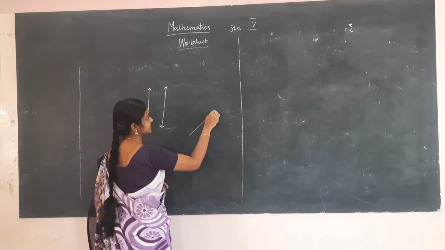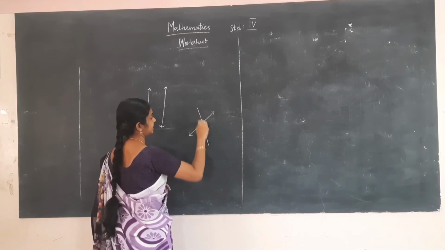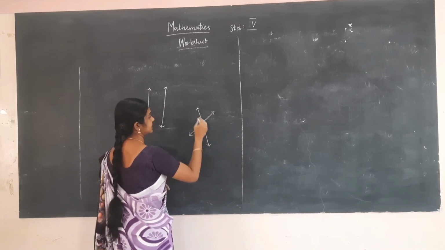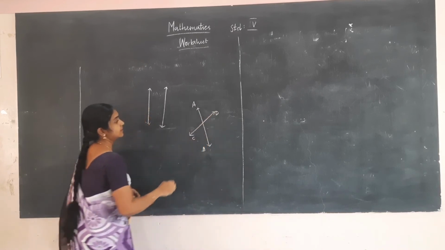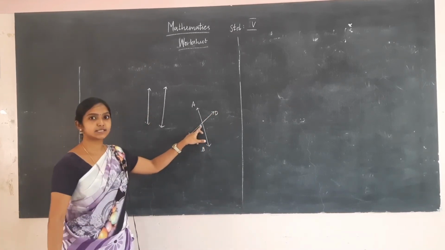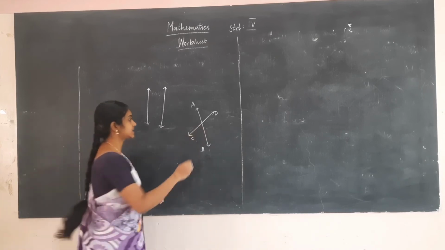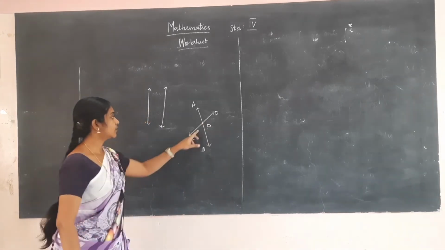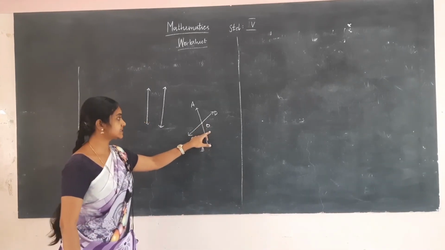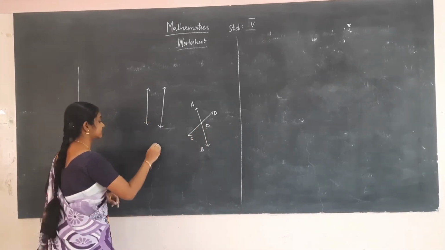Next, intersecting lines. Let this line be AB and this line be CD. When two lines cross each other, we call them as intersecting lines. Let O be the point of intersection.